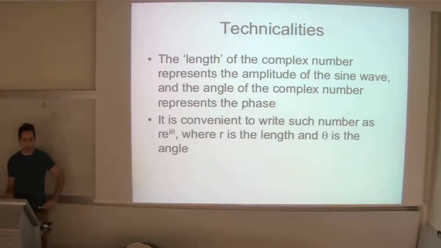So instead of talking about two different numbers at each step, we can just represent everything as a complex number, and MATLAB actually uses complex numbers when we're using FFT. Sometimes it's convenient to write this number in the representation of R and theta, where R is the length and theta is the angle.